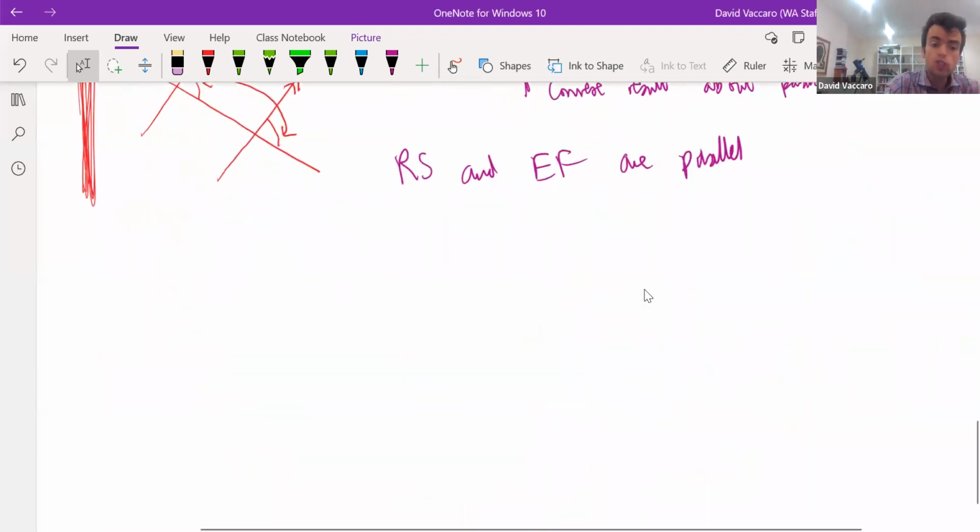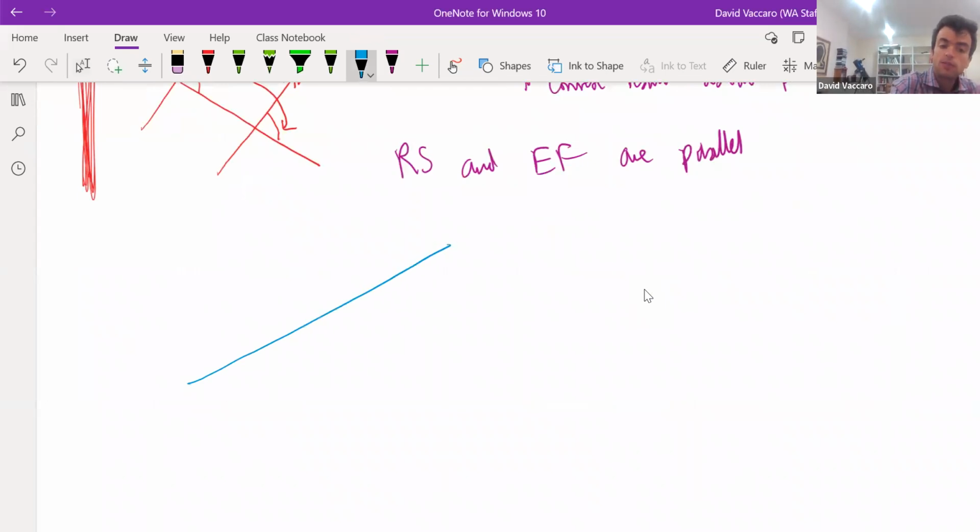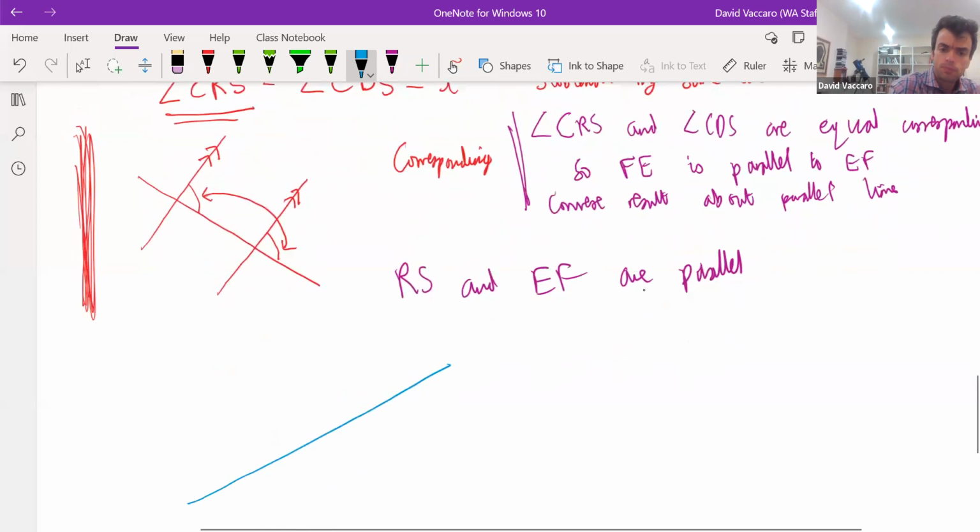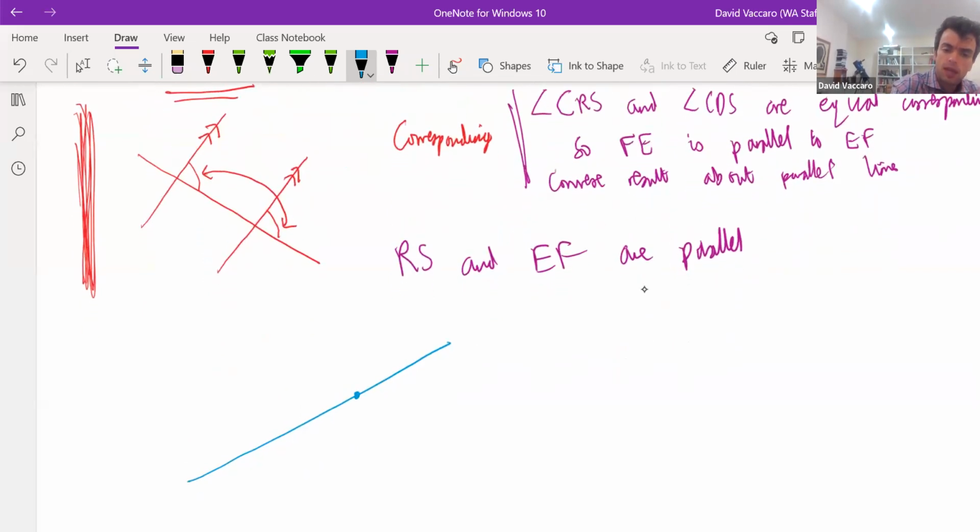So if I draw a straight line, and we've got this angle here is x. If I can show that this angle here is 180 degrees minus x, then we can show collinearity.